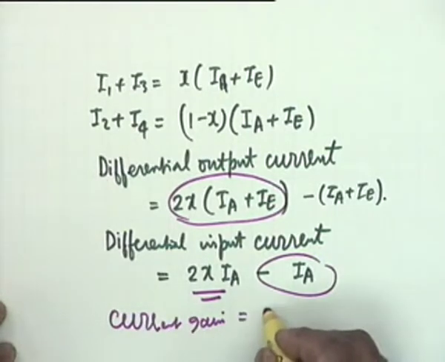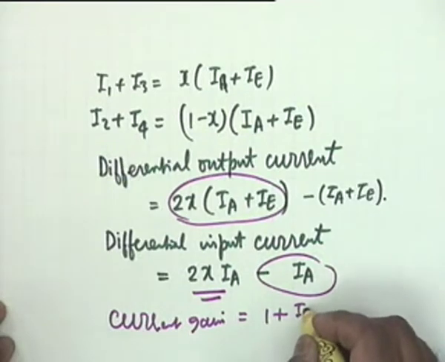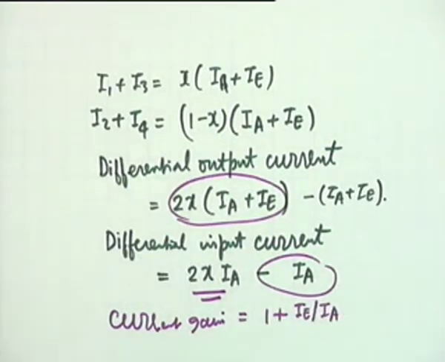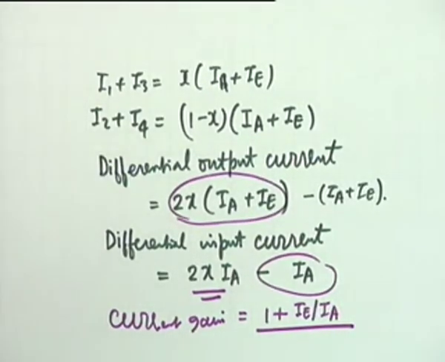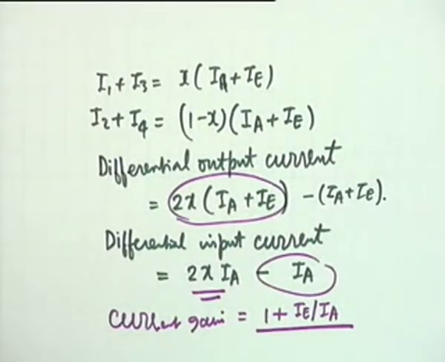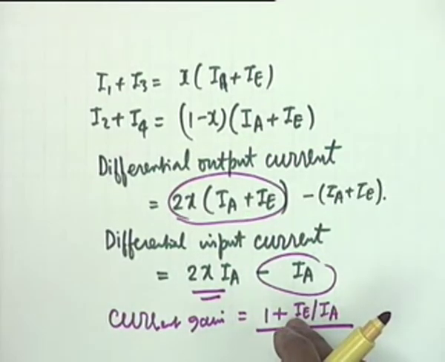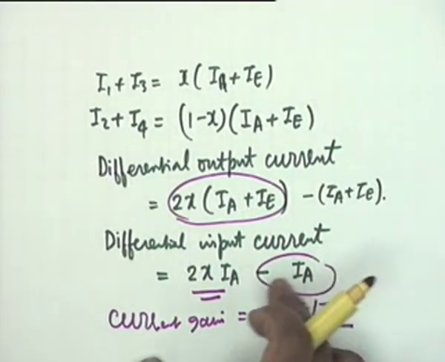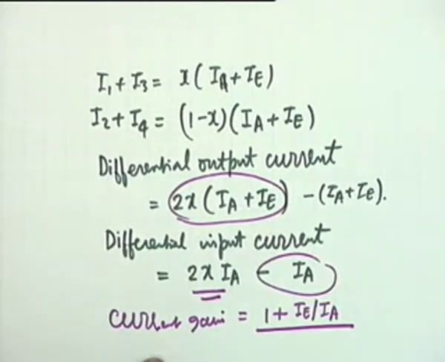Current gain is 1 plus IE over IA. All right. It is exactly similar to the voltage gain of a non-inverting operational amplifier, except that the two ratios are not those of resistances now. They are of two current sources which can be highly stabilized, and this gain can be any quantity greater than 1.